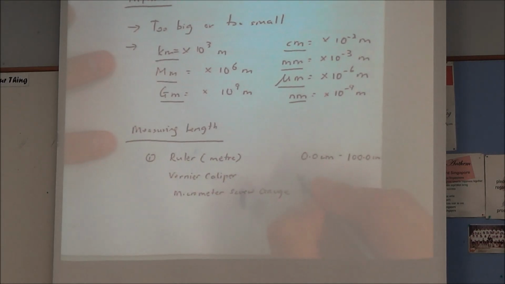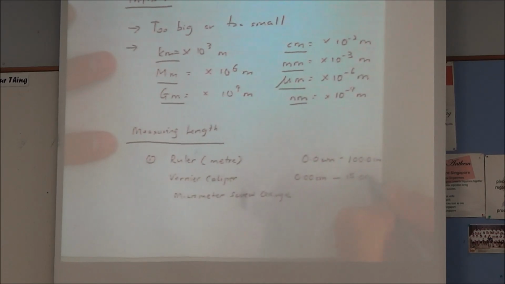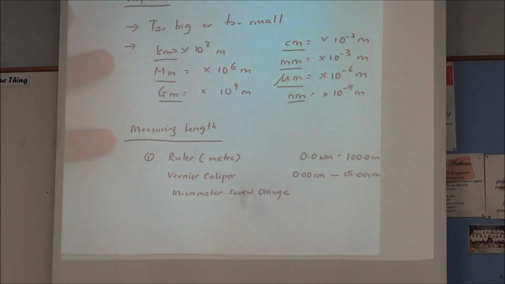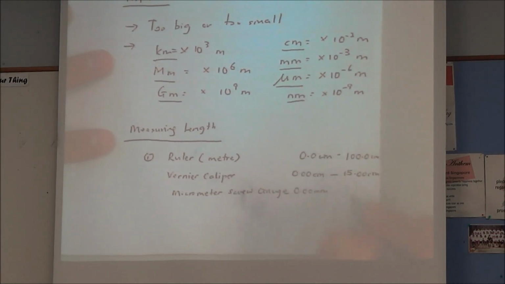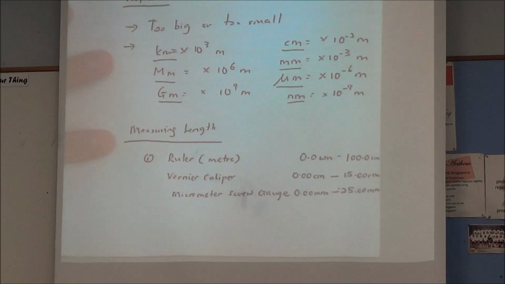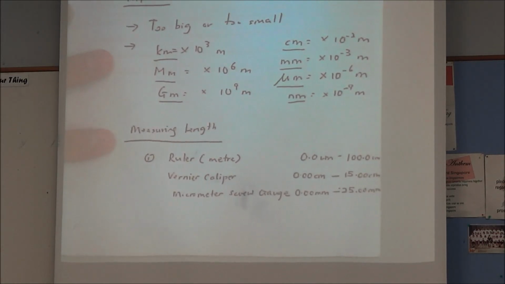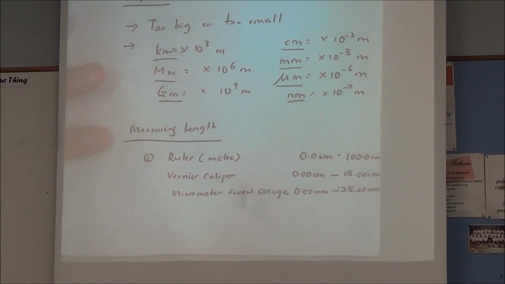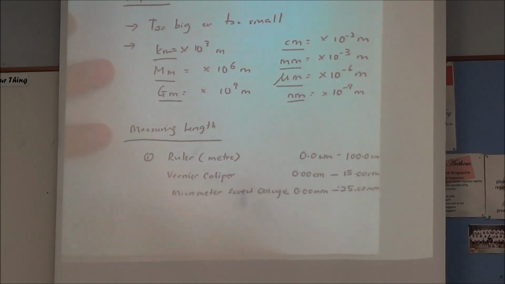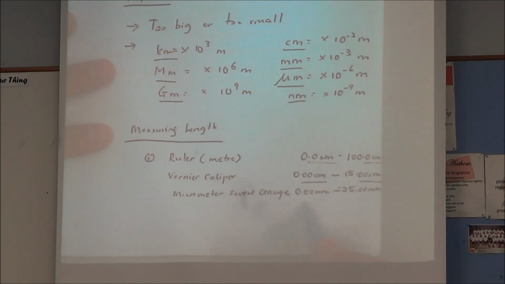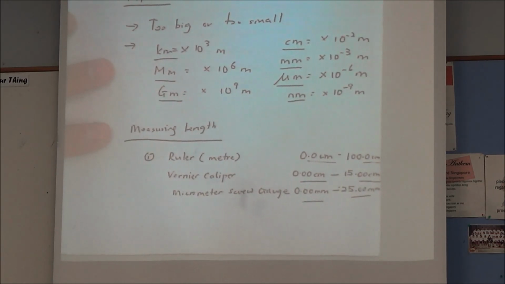Vernier calipers measure from 0.00 centimeters to 15.00 centimeters. The micrometer is as well. So depending on the length of the object, you need to choose the appropriate instrument. Why I write the 0.0 and 0.00 is to show the accuracy of the instrument.